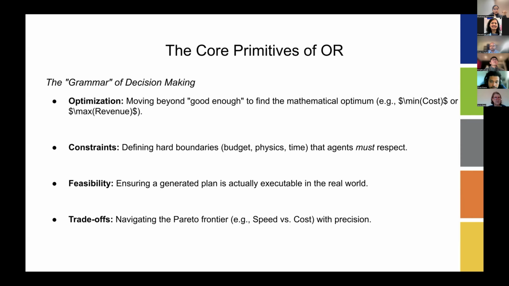The second pillar is constraints, defining the boundaries like budgets, physics, or time that an agent simply cannot violate. The third is feasibility, ensuring that a generated plan is actually executable in the real world. And the fourth is trade-offs, navigating the Pareto frontier, such as balancing speed versus cost with mathematical precision.